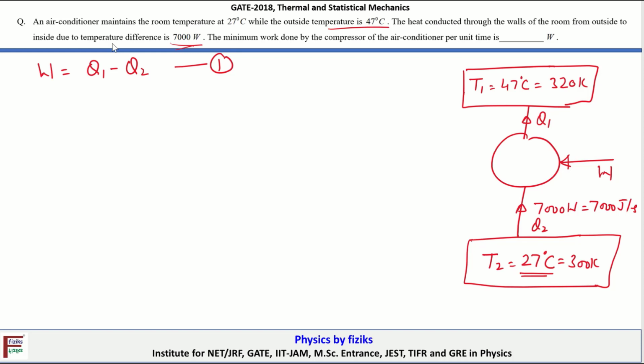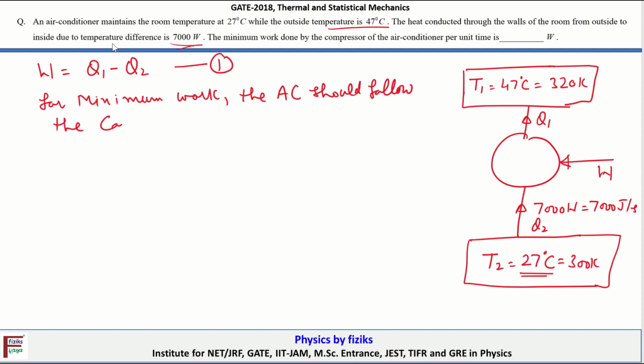Now for minimum work, the air conditioner should follow the Carnot cycle, because that's reversible and most efficient.